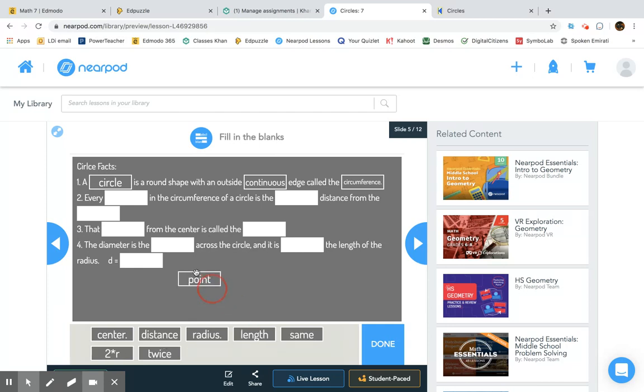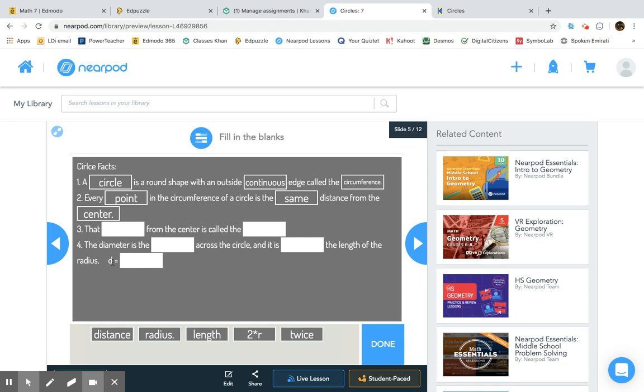Every point? Every length? What did we say a circle was made of? Every point in the circumference of a circle is the same distance from the center of the circle. There we go. Okay, last one.